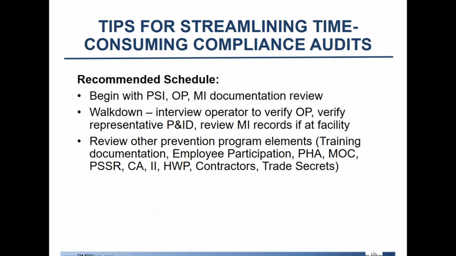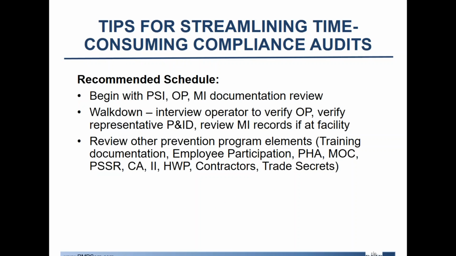Now, recommended schedule. This is based on our experience. The best things to start with are first the P&IDs, which are part of the PSI. You walk down the PSI to make sure to find out what the status of the system is.